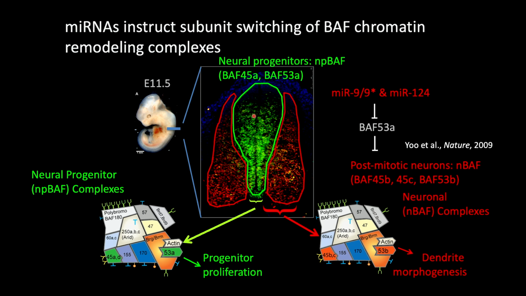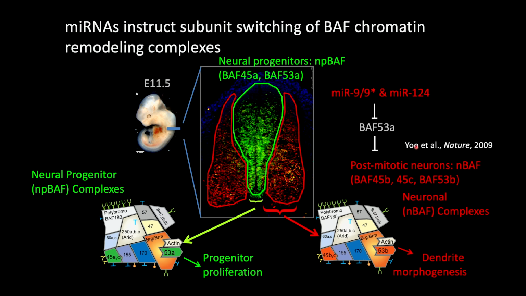That's how they acquire their function related to different cell types. In progenitors, there's high expression of a subunit called BAF53A. When cells differentiate into neurons, BAF53A goes away and is replaced by BAF53B.